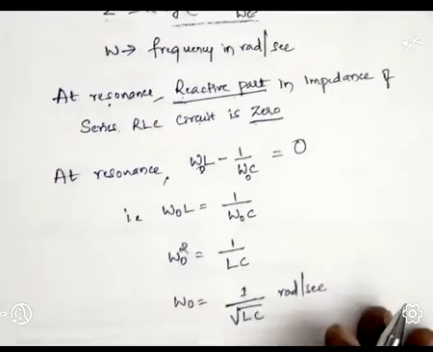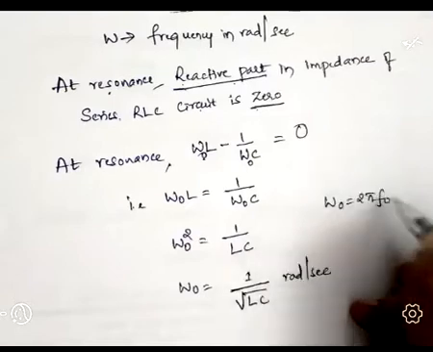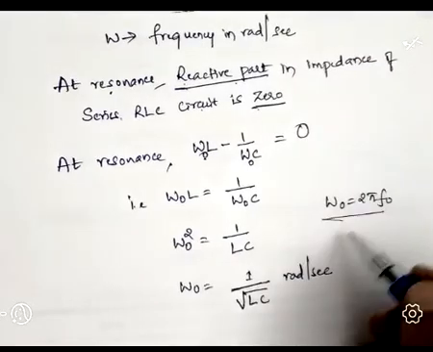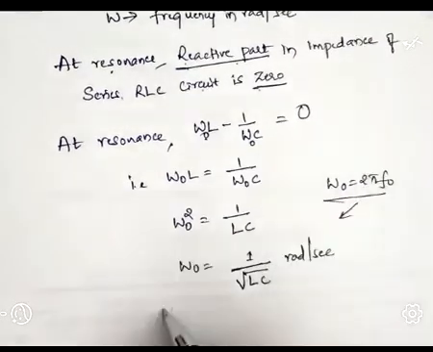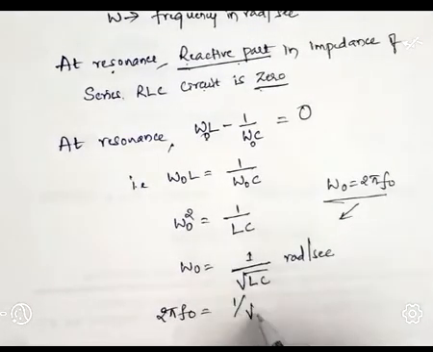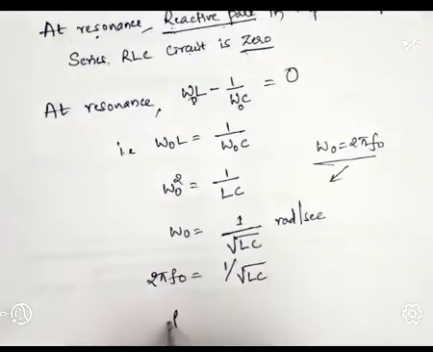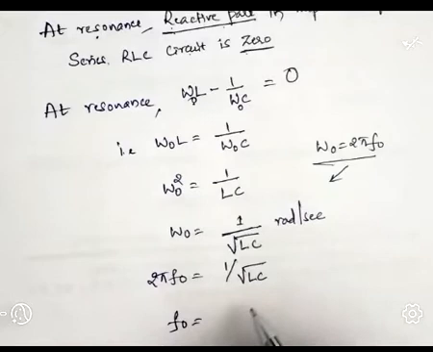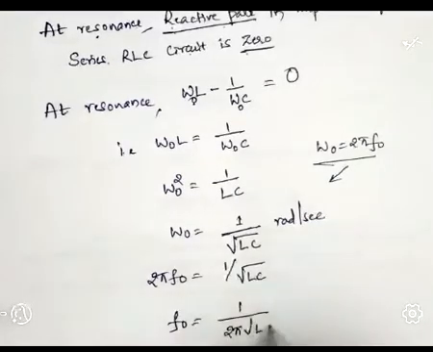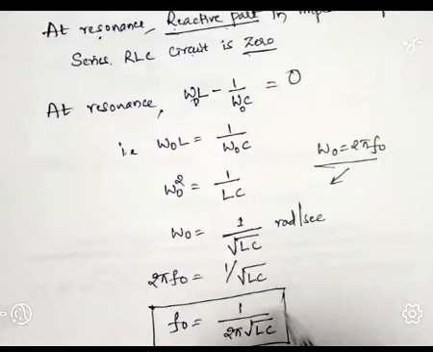We know that omega naught equals 2 pi f naught. Let us substitute here: 2 pi f naught equals 1 divided by the square root of LC. Hence, f naught is equal to 1 divided by 2 pi into the square root of LC. This is the resonant frequency, called the series resonant frequency.